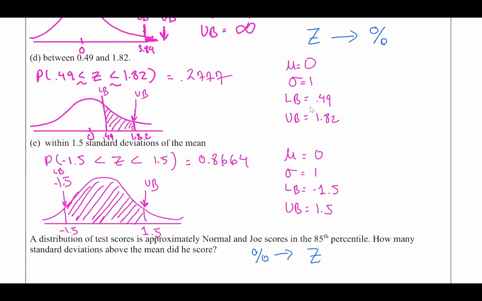So you want to tell the difference between when you want to convert a Z value to a percent, or a percent to a Z value. In the last 5 problems, we started off with a Z value and ended up with the probability. That's going to change for the next problem.